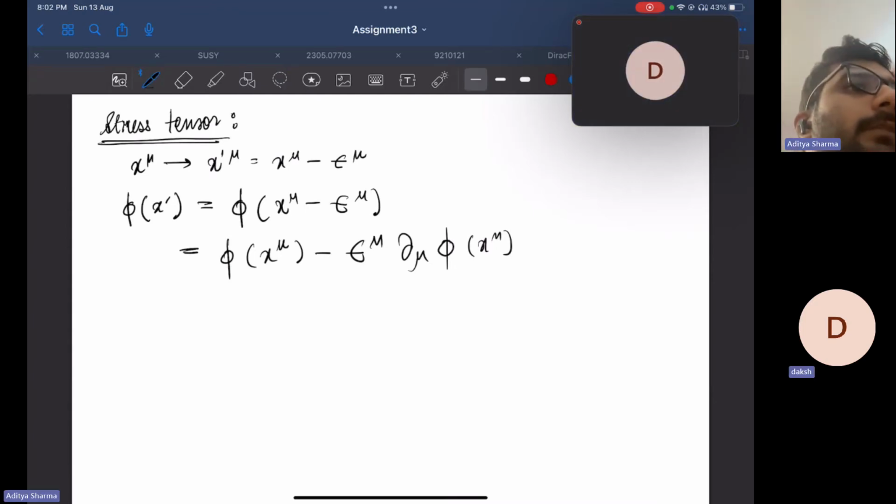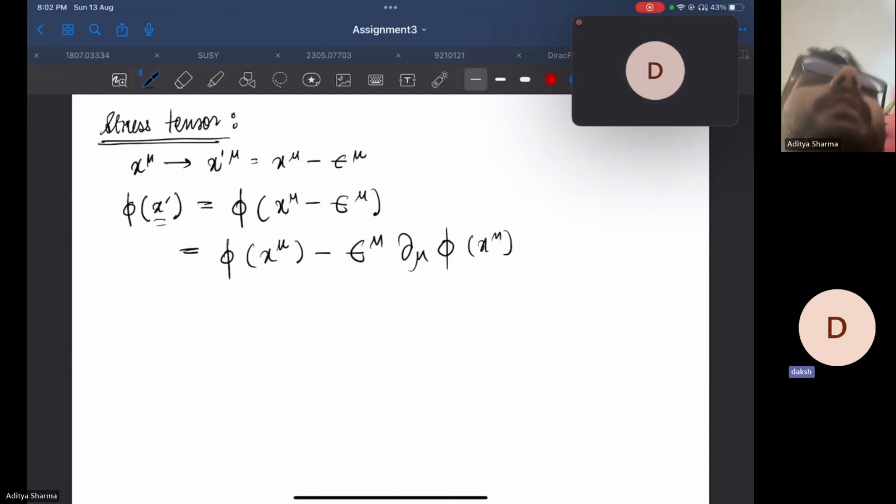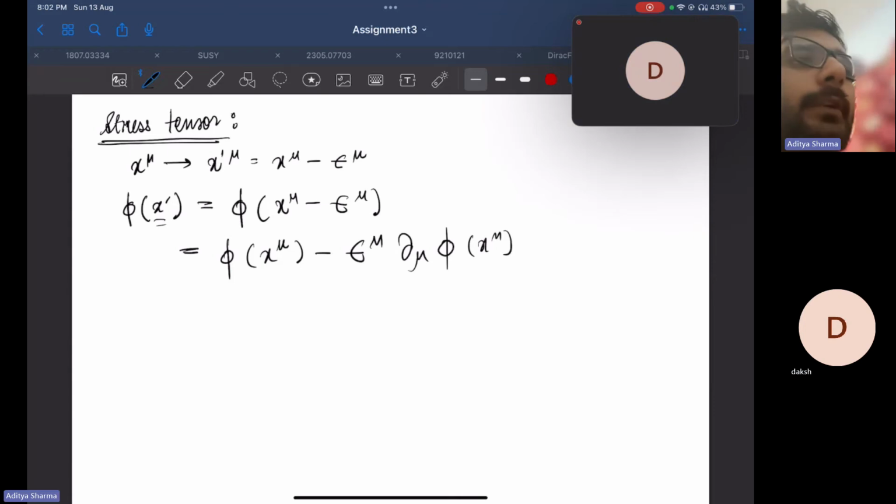We are evaluating phi at a new coordinate. Oh, okay. That's fine. I thought phi also changed. Oh, I was giving it a new notation. Okay. It's good to do. Thanks. So you are going to have this, and this is how your field changes.